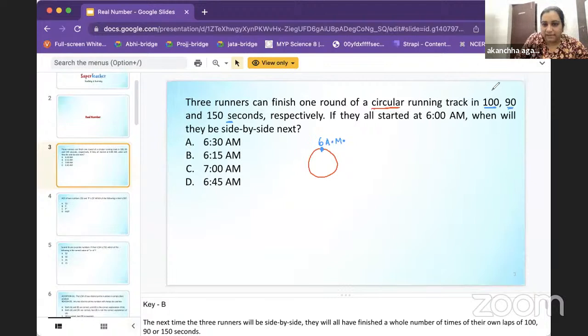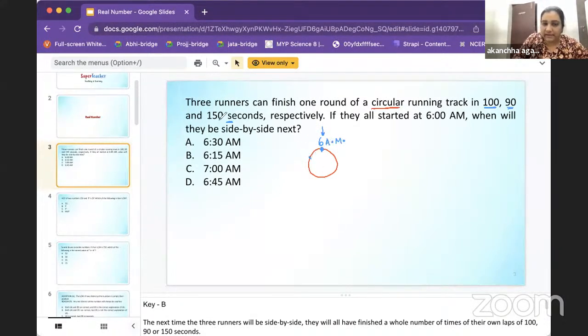So as we can see, the first person is taking 100 seconds to complete the track. So suppose after 90 seconds, he is here, right? But the second person has completed the track in 90 seconds. So it means he will be somewhere here when the 90 seconds are done, because he has completed the circle.